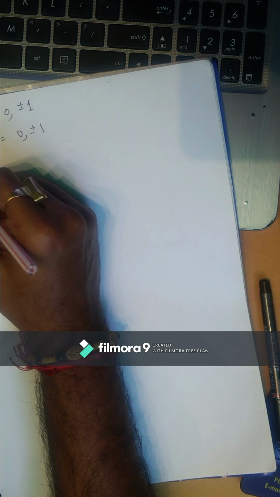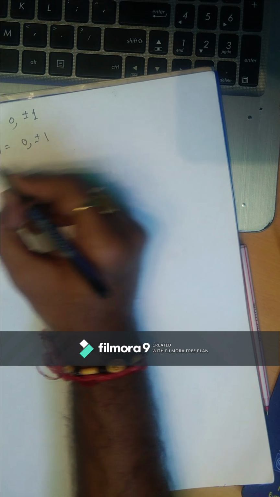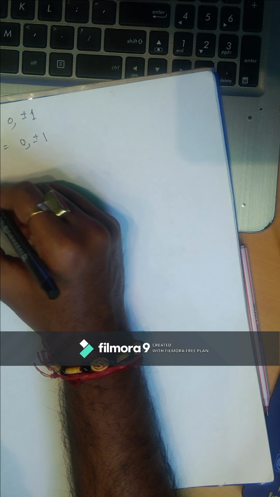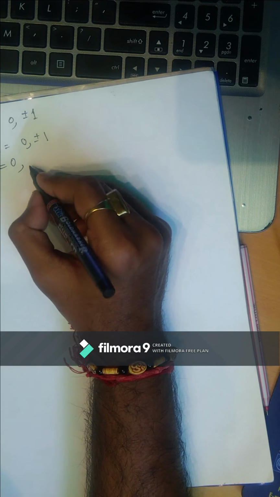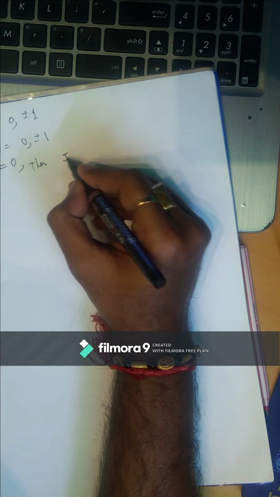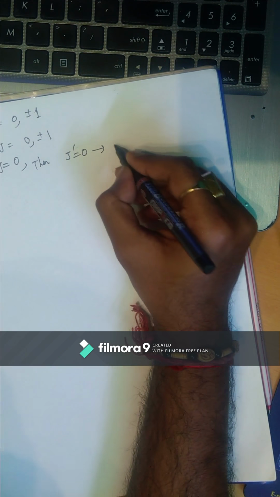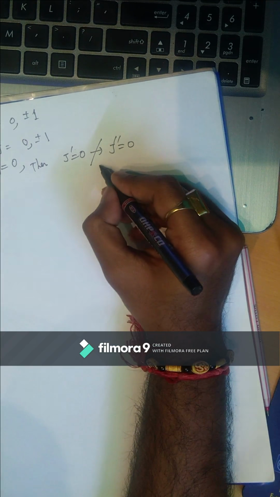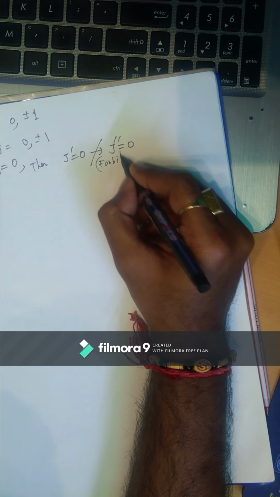Here there is another selection rule: if delta j equals 0, then j prime equals 0 to j double prime equals 0 is not possible, it is forbidden.